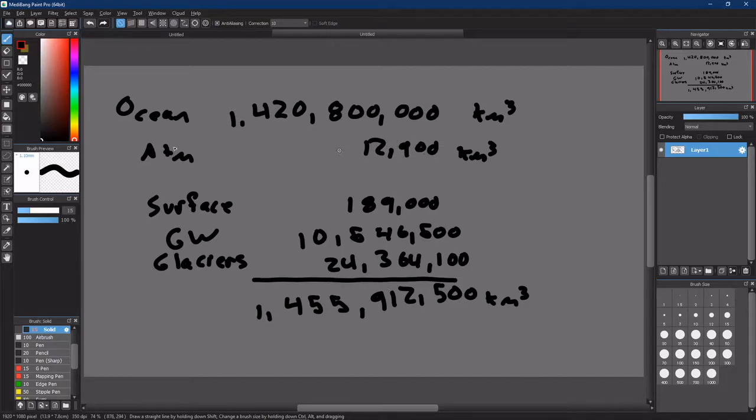And even beyond that, looking at the remaining reservoirs, the atmosphere is inaccessible, but it's also quite small for the most part. And the three freshwater reservoirs that are accessible to humans are just a small portion of the overall water available on the Earth, with most of that being contained in glaciers and then groundwater.